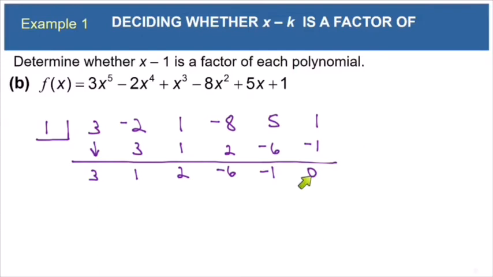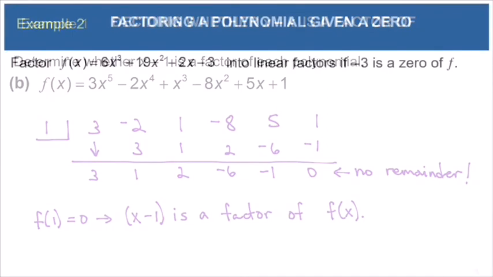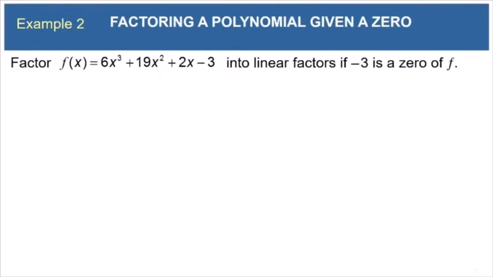And this time, when we divided by x minus 1, we got a remainder of 0. And that means that f of 1 is 0, and that means that x minus 1 is a factor of our polynomial.